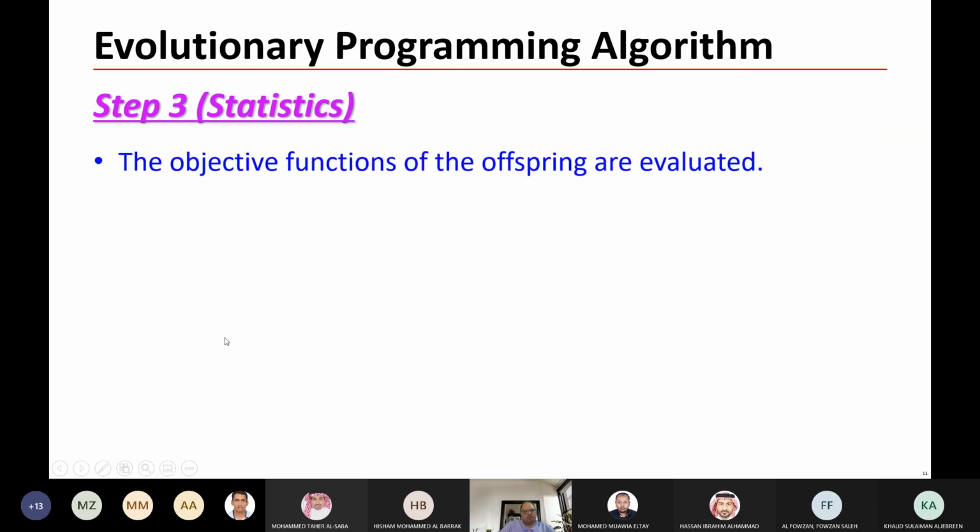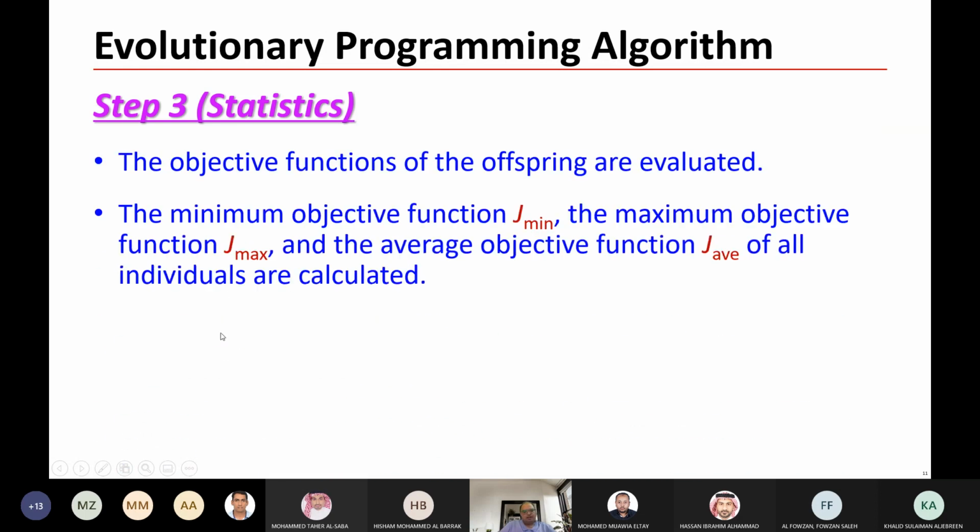Now you can do some statistics. You can go and look again for J minimum. And again, you have now 25 solutions more. So maybe one child will beat his parent, and then you can get a new value of J minimum.